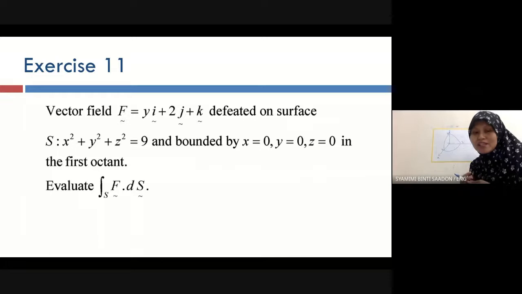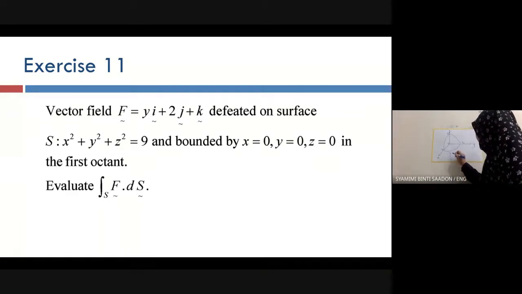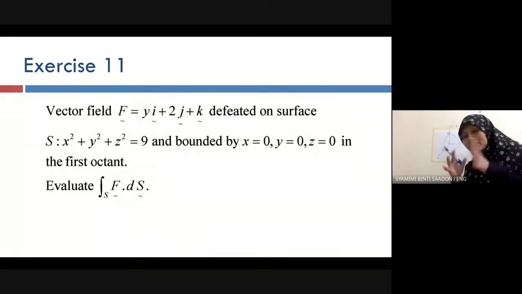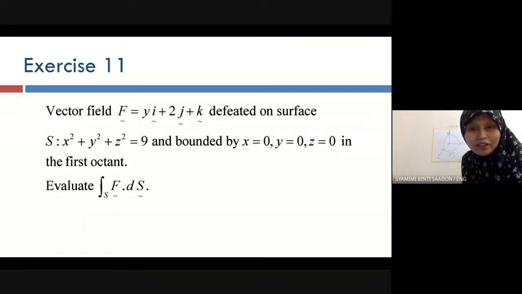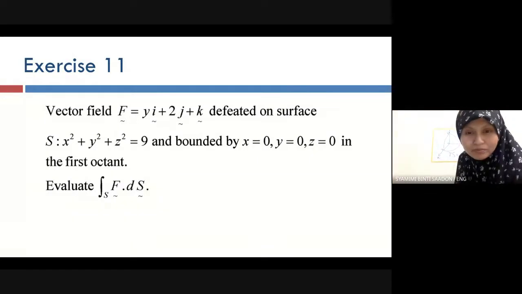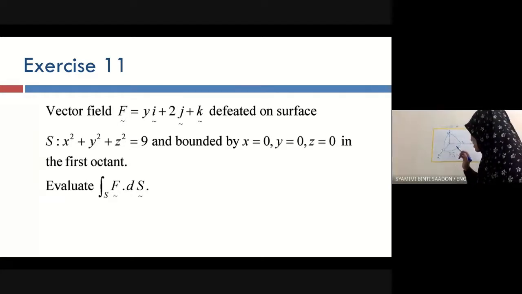Okay, so like just now, we have to calculate the gradient of S. The gradient of S will become, okay, so do the derivation of each of the components, the components i, j, and k. Derive S, so x square plus y square plus z square.